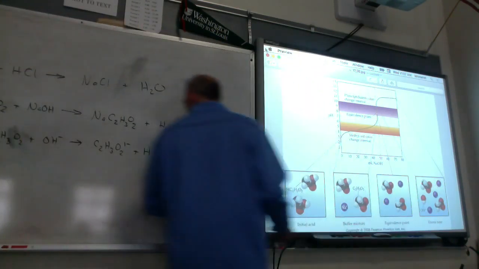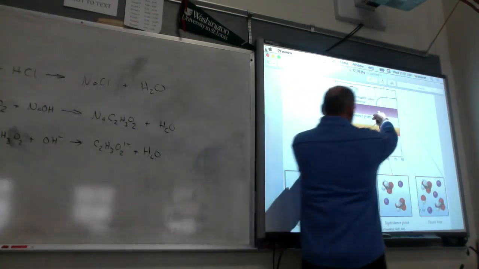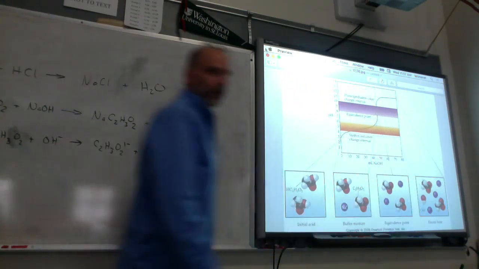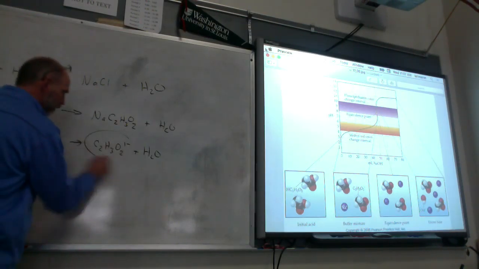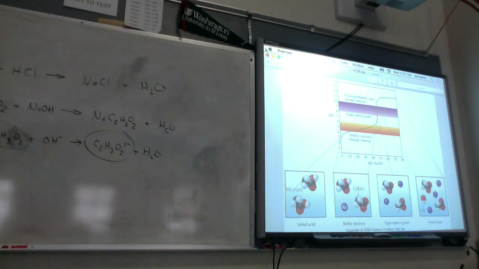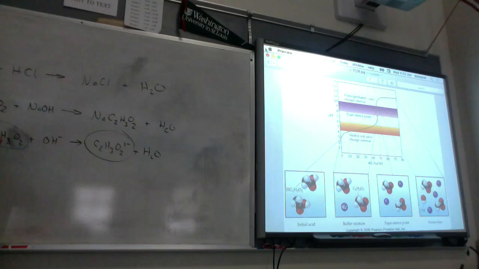Now, that brings me up to another point. This whole region here is called the buffering region. Why? What's in the solution? Acetic acid and acetate ion. We have a weak acid with its conjugate base. That's a buffer system.